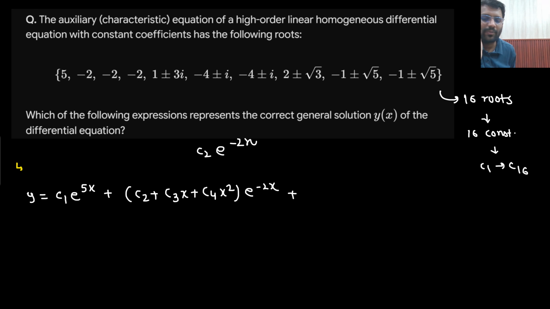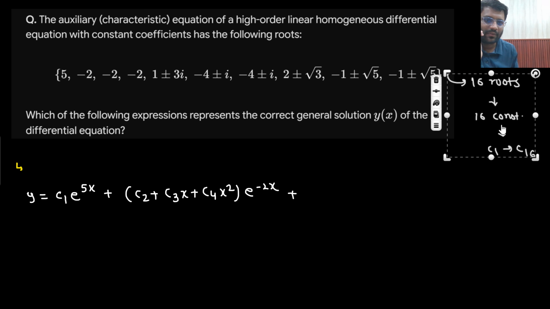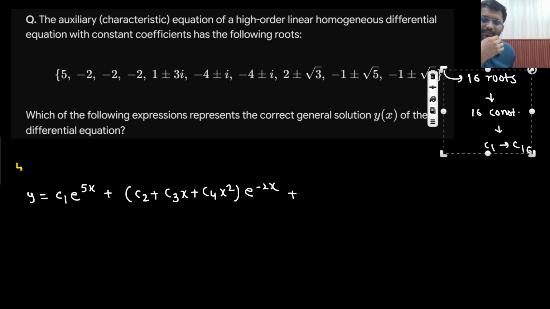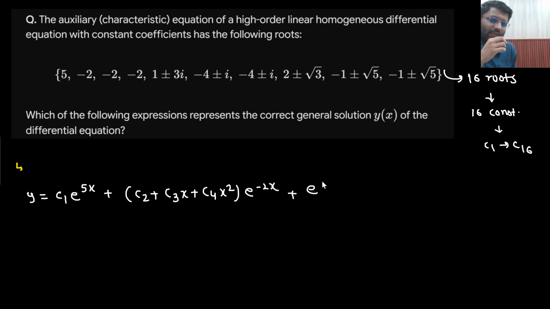It will say, no sir, I am not being repeated. So what will be my answer? 1 will come outside, e to the power alpha x, and inside, after C4 which we have already used, C5 cos beta x plus C6 sin beta x.